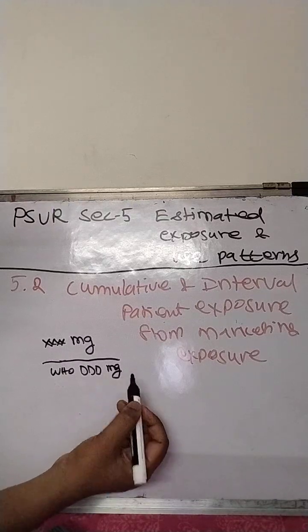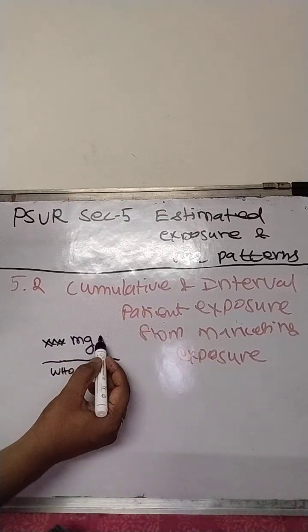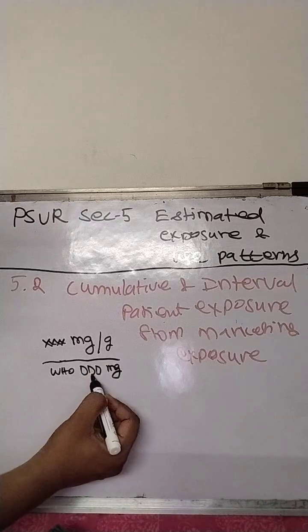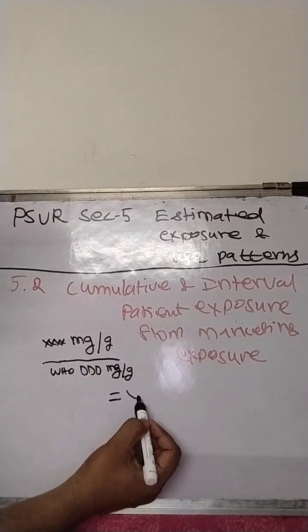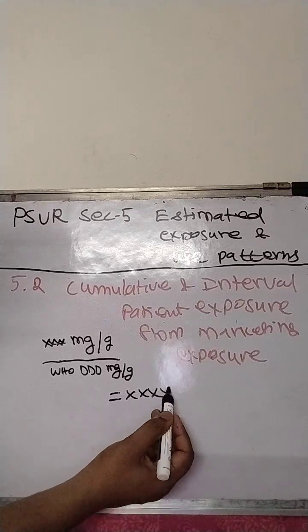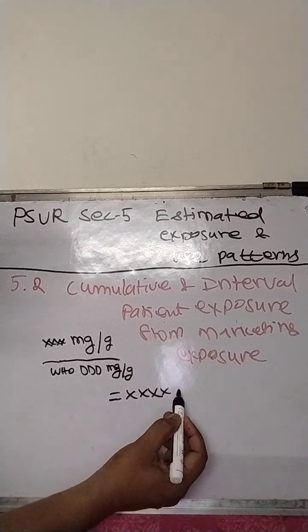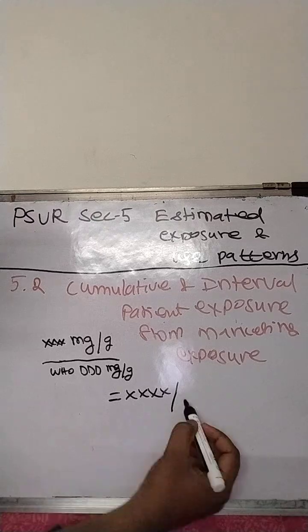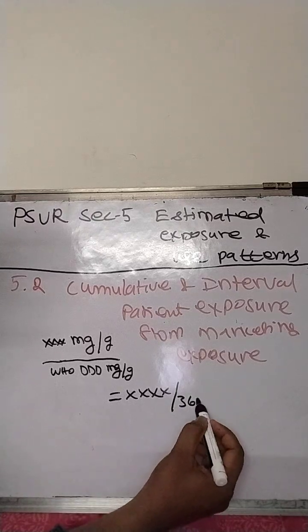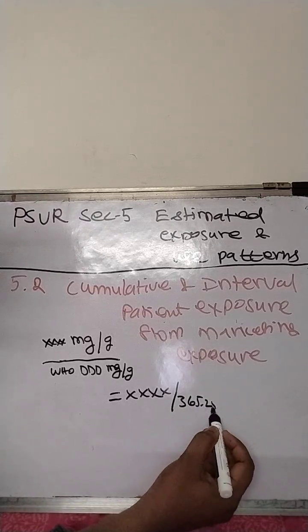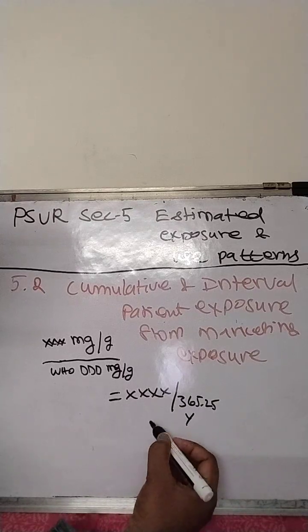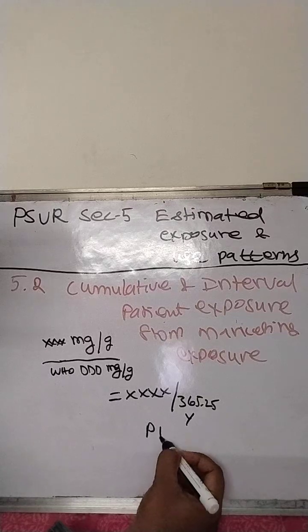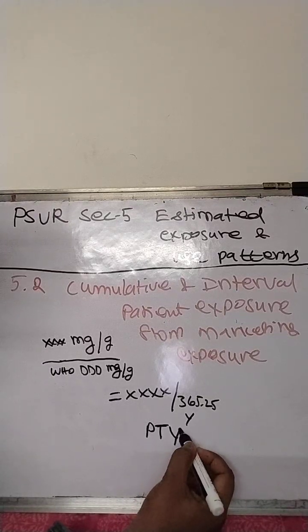Milligram has to be divided by milligram; if you have calculated in gram, then you can turn the defined daily dose into gram and divide. You get one value, and if you divide that by 365.25, this being a year, you will get a patient treatment year.